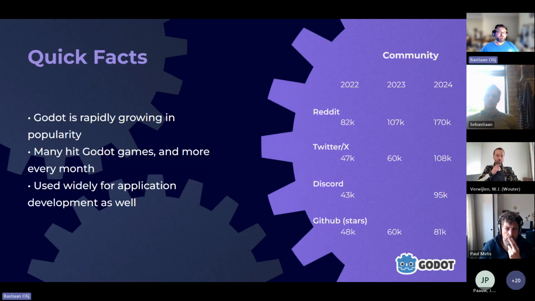We've had a big growth spurt at the end of last year, so you can see that some of these numbers are nearly doubling since the year before, and we're, as a result, also seeing more and more games coming out with the engine.